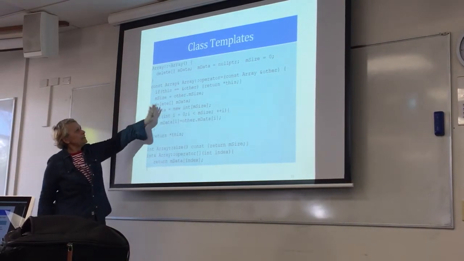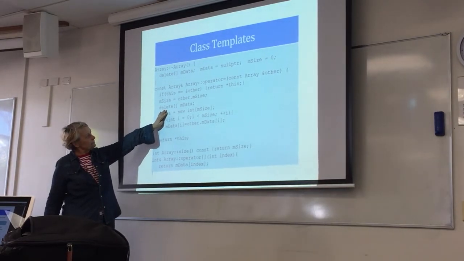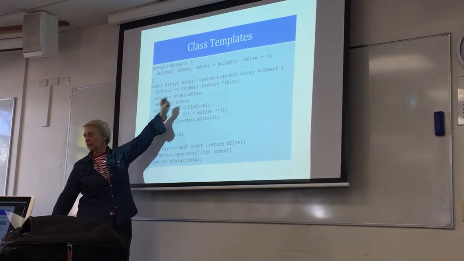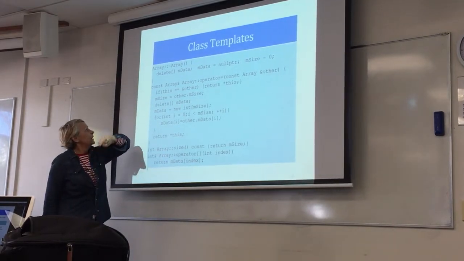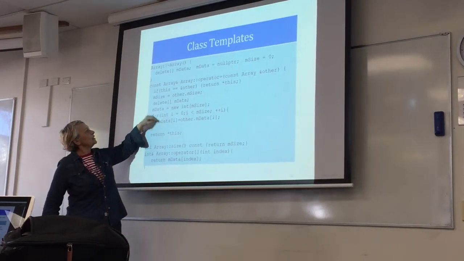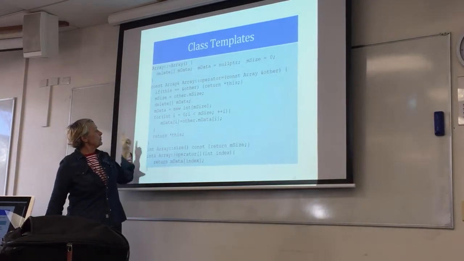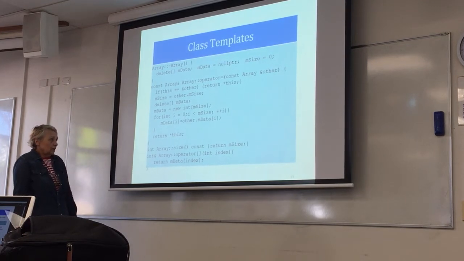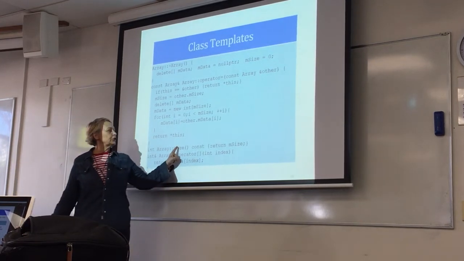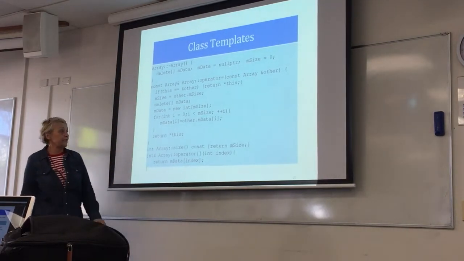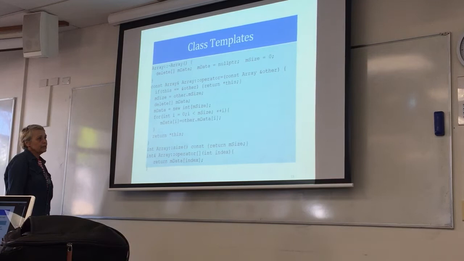Anyway, this is the assignment operator. Check against assigning to self. If this is not the case, we'll do the whole thing with allocating memory and return the current object. Size, which returns m_size, it's a constant, is an accessor method, as you can see.